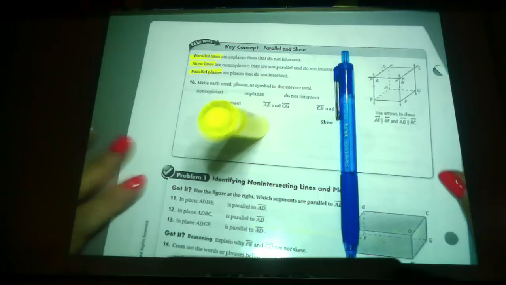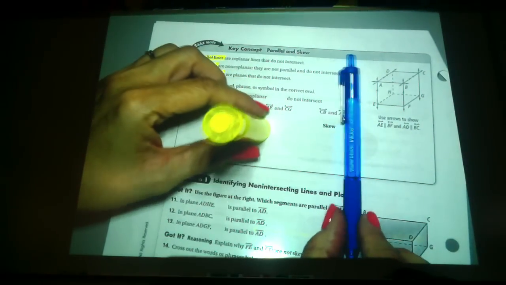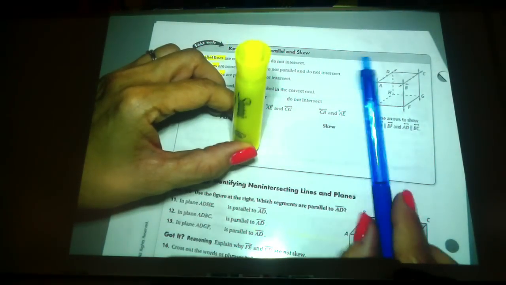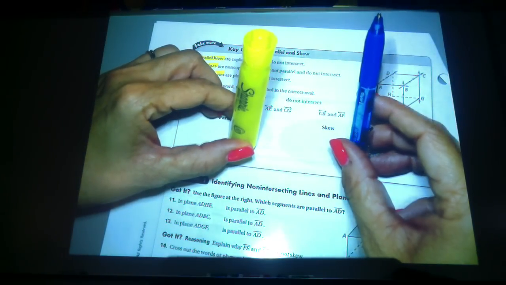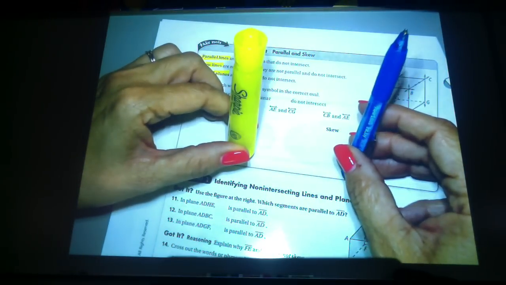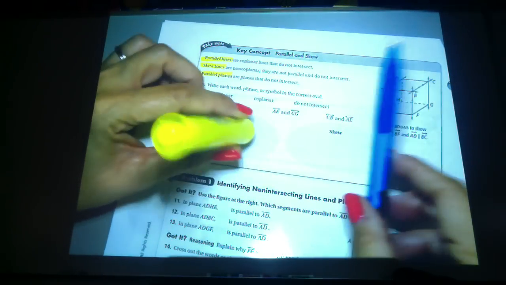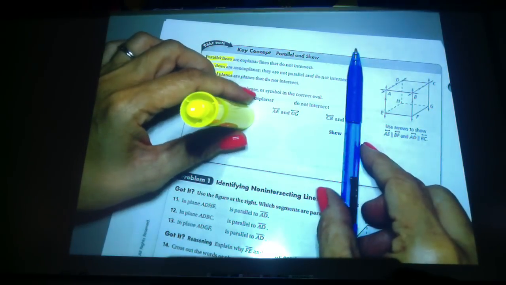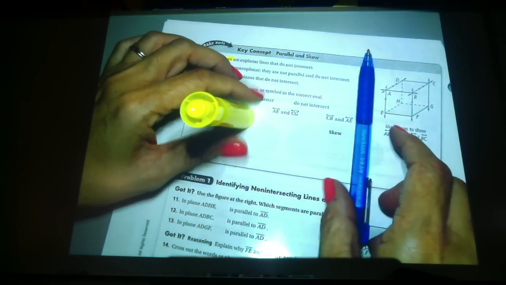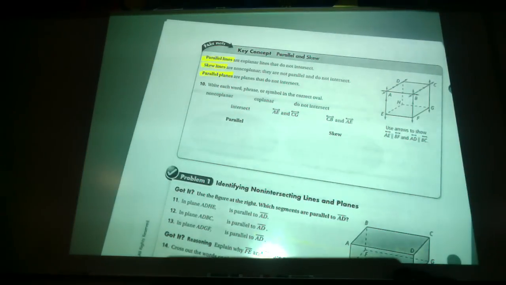There's no way I can create a plane that has those 2 in them unless I turn one of them this way. Now they're coplanar. I could create a plane that those two are in, right? So for skew lines, you're looking for lines that typically are going opposite directions, like one's going up, down, one's going right, left. And you couldn't connect them with a plane. So that's something new and different for you.